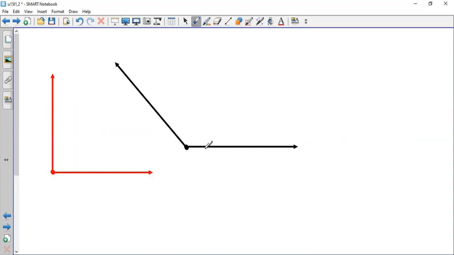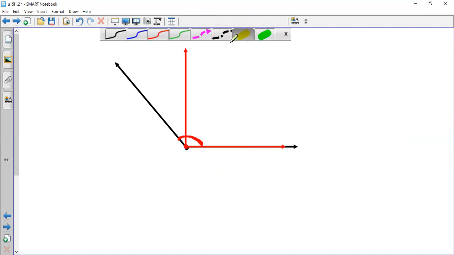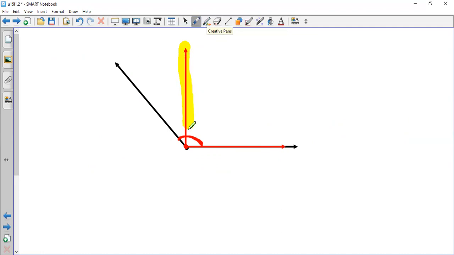What about this angle? I want to figure out, is this a right angle or smaller than a right angle or greater than a right angle? As I said before, we will get our prepared right angle and put the vertex on the vertex and a side on a side. And let's compare. This is the side of the right angle, and this is the side of the angle.